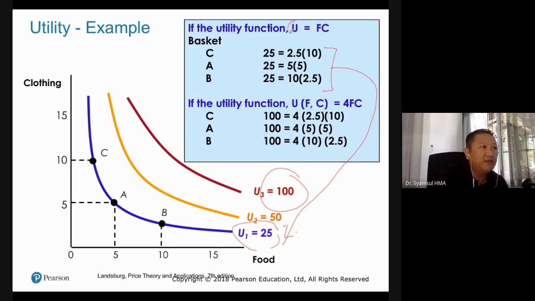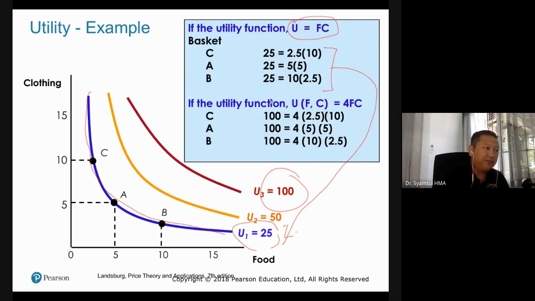This function is 4 equals FC. So 4 F times C: 25 times 10, and 5 times 5, 10 times 2.5. So you will get this line here, or we call this indifference curve U1.